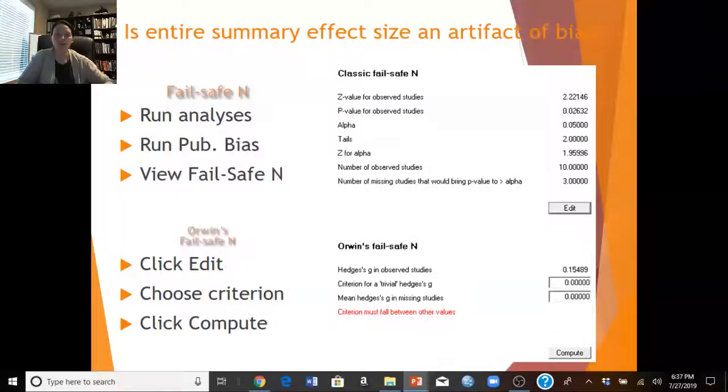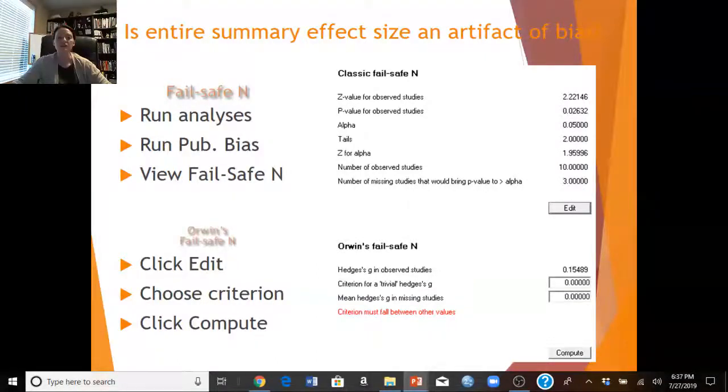So first, I want to talk about the classic failsafe N. A classic failsafe N is actually based on our z-value. So how many studies would it take with an average Hedges g-value of 0 to bring your z-value down to something that wasn't statistically significant? We assume an alpha of 0.05 and it's two-tailed.